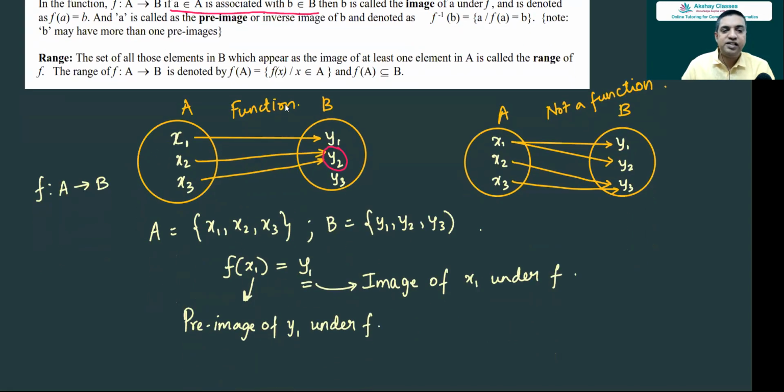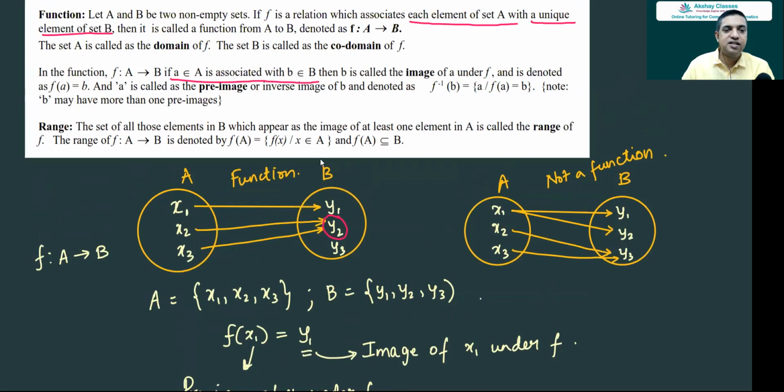Next, what is range? Range is the set of all the images. So here in this particular function, we see that the codomain has y1, y2, y3, but the elements that are occurring as images are only y1 and y2.